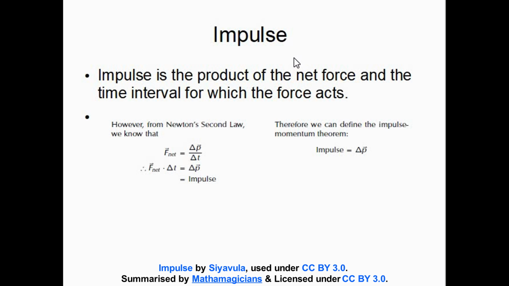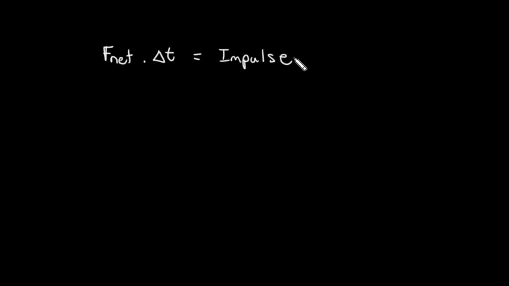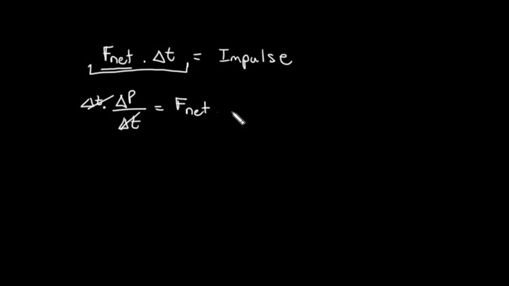So when working out the impulse formula, we know that F net is equal to the change in momentum over the change in time. In order to get the whole formula, we have to multiply by delta t on this side to get rid of it, and multiply this side as well by delta t.